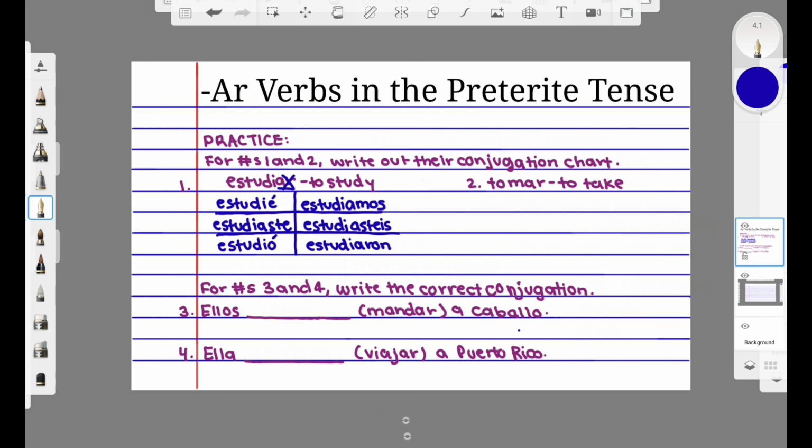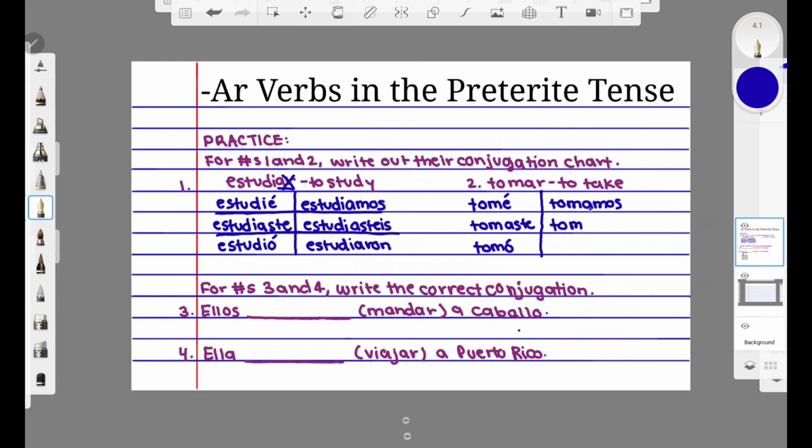But now for tomar, to take, we're going to do the exact same thing. Yo tomé. Tú tomaste. Él, ella, usted tomó. Nosotros tomamos.